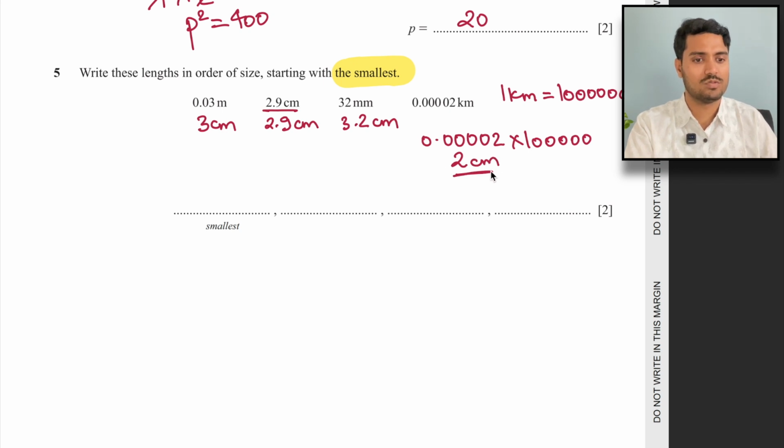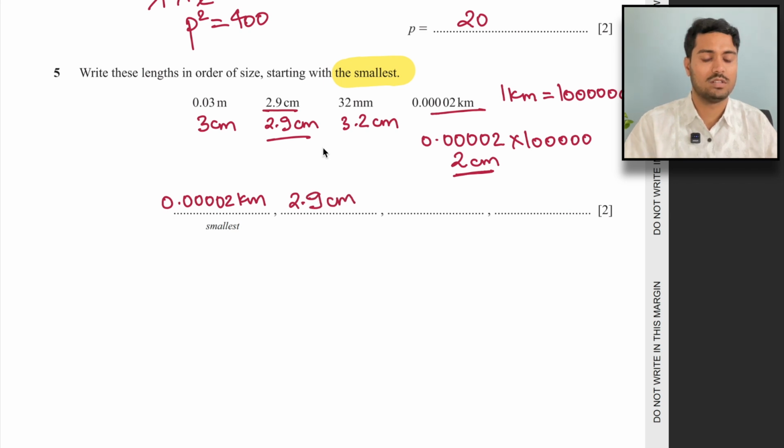So smallest first, the smallest is 0.00002 kilometers. Then after this we have 2.9, so 2.9 centimeters. After 2.9 we have 3, which is 0.03 meters. After this we have 32 mm.